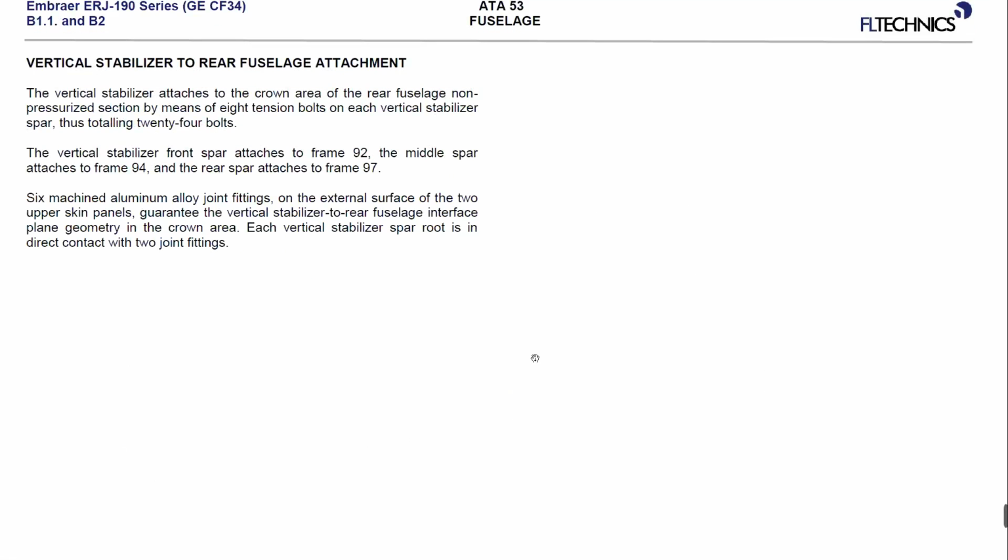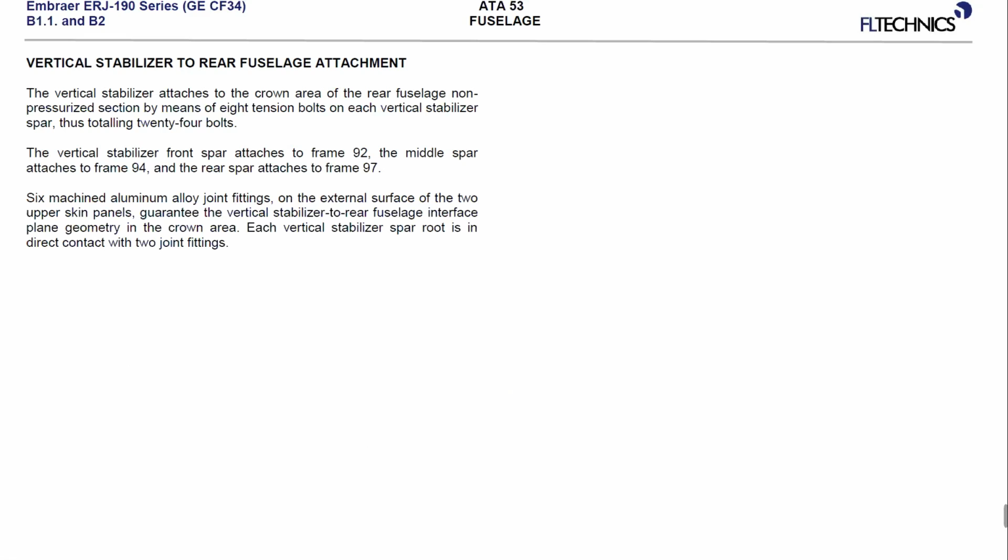Vertical stabilizer to rear fuselage attachment. The vertical stabilizer front spar attached to frame 92, middle spar is at 94, and the rear spar is at frame 97. Later, tomorrow, we are going to talk about the vertical stabilizer, and we are going to mention again these attachment points, but it will be from the point of view of the vertical stabilizer.